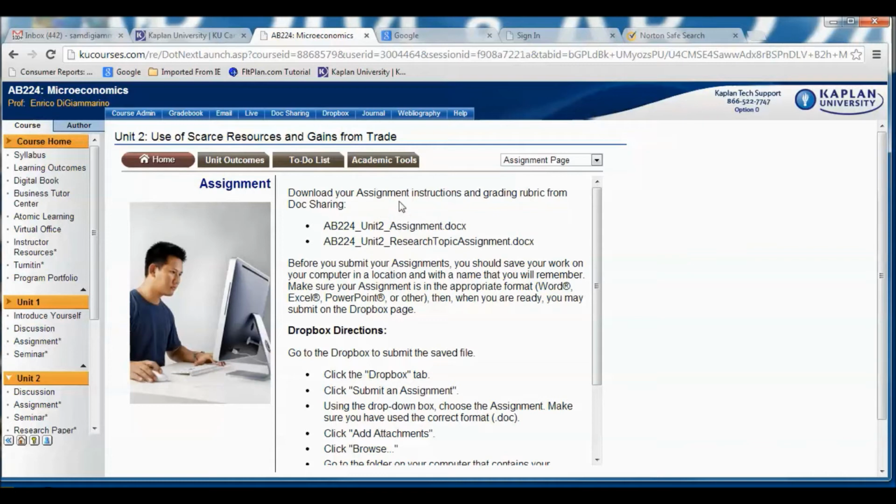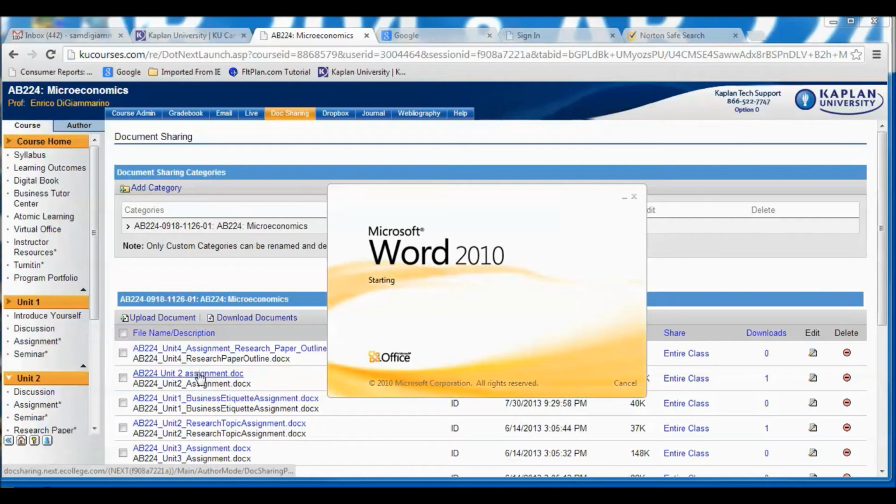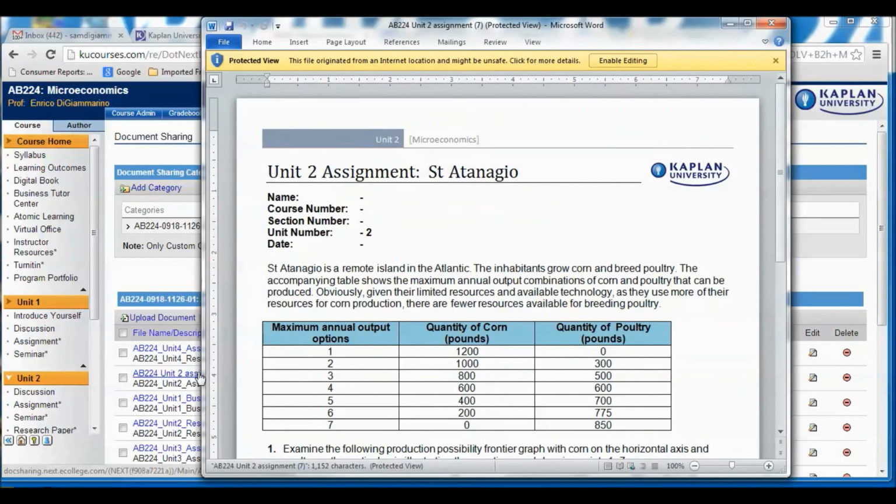Notice it says go to Doc Sharing to download your document. If we go to Doc Sharing, up here, tab at the top, and you click on that, sure enough, here is the Unit 2 assignment. When you click on the assignment, it will download it to your computer. It'll tell you that you have to enable editing.